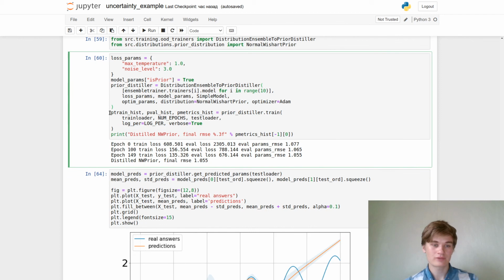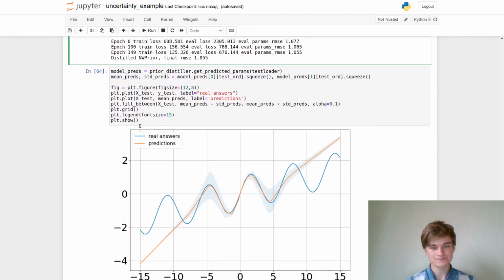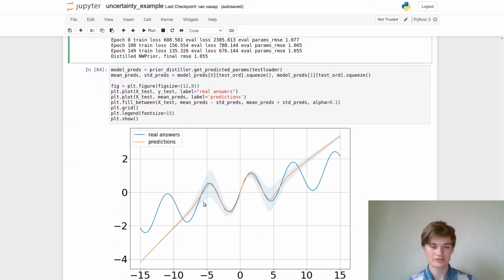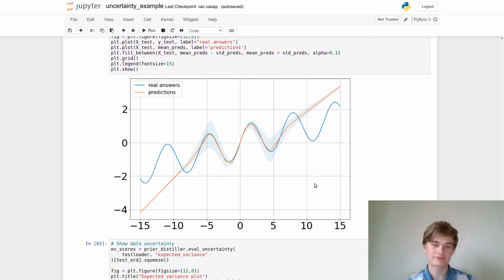Yeah, we train our distillation and have such an image. This is the figure with predictions of our prior network distilled from our ensemble.